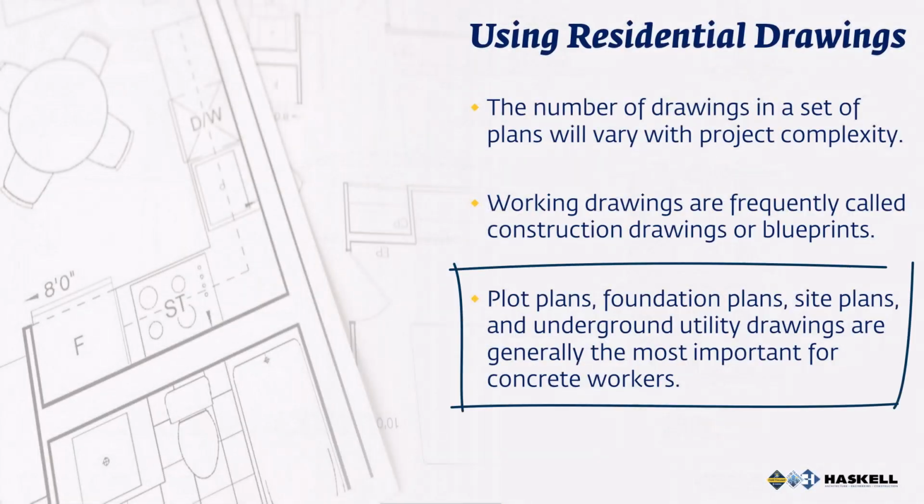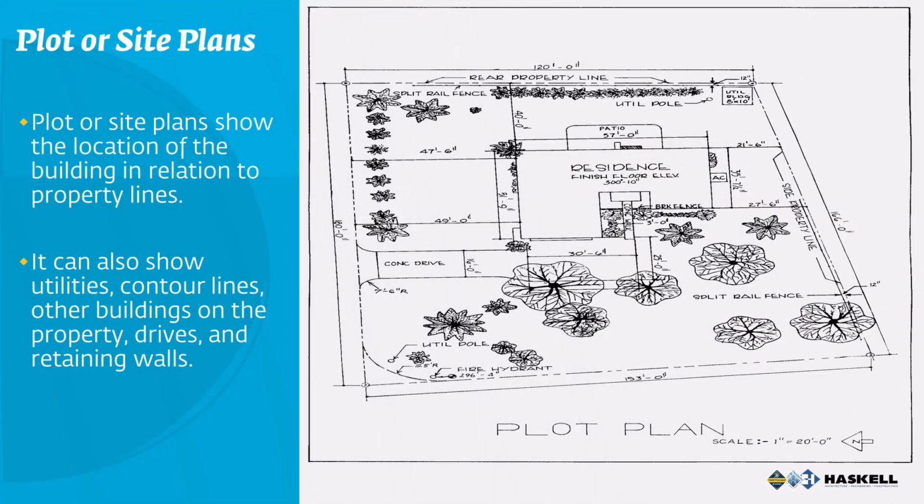The most important plans for slab construction are the plot plan, foundation plan, site, and underground utility drawings, along with the relevant section and detail drawings. The plot plan positions the project in relation to the property lines. You can use this plan to find information about utilities, site dimensions, sidewalks, driveways, and retaining walls. It also contains a compass, contour lines, and benchmark elevations.